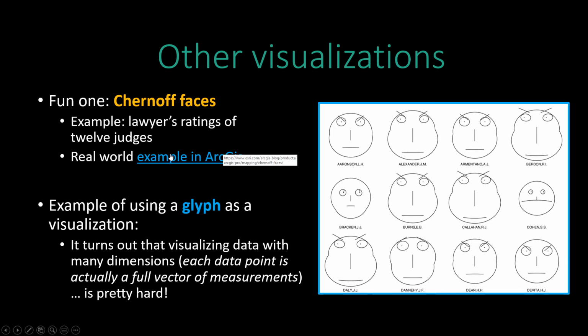This is called high dimensional data, where every item in the dataset, and that item is the judge, has a lot of numbers associated with it, and those numbers are each one of those lawyers' ratings. So you could also say that each judge has a vector, which is telling you some statistics.